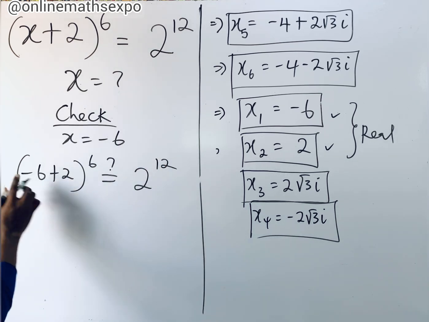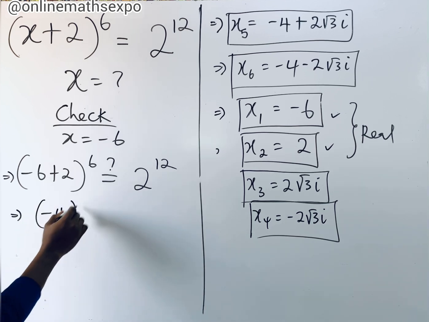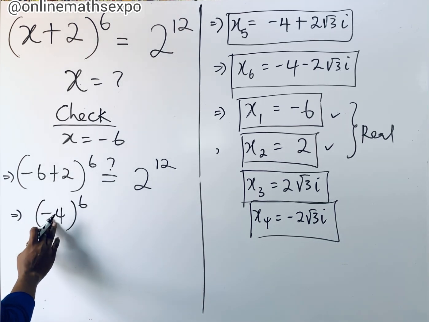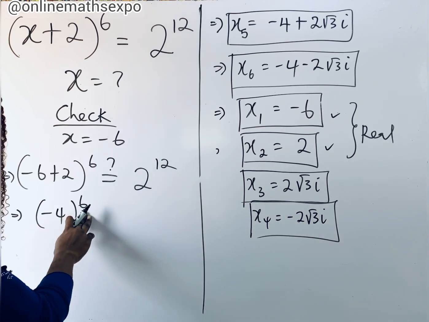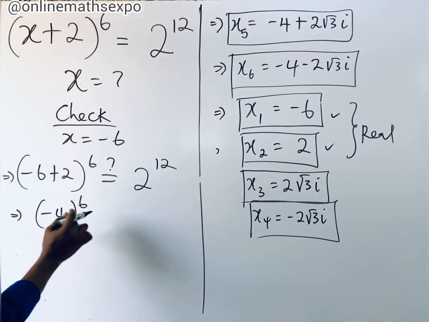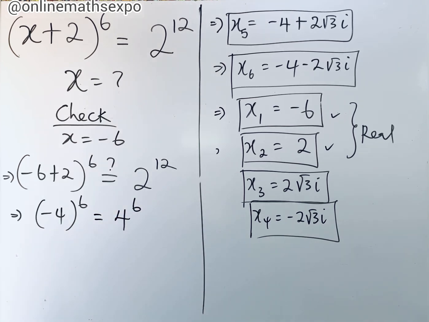Now when you subtract this, you are going to have (-4) raised to the power of 6. Now you remember that whenever you raise a negative number to an even power, the negative sign always disappears. So it is the same as 4 to the power of 6, okay?